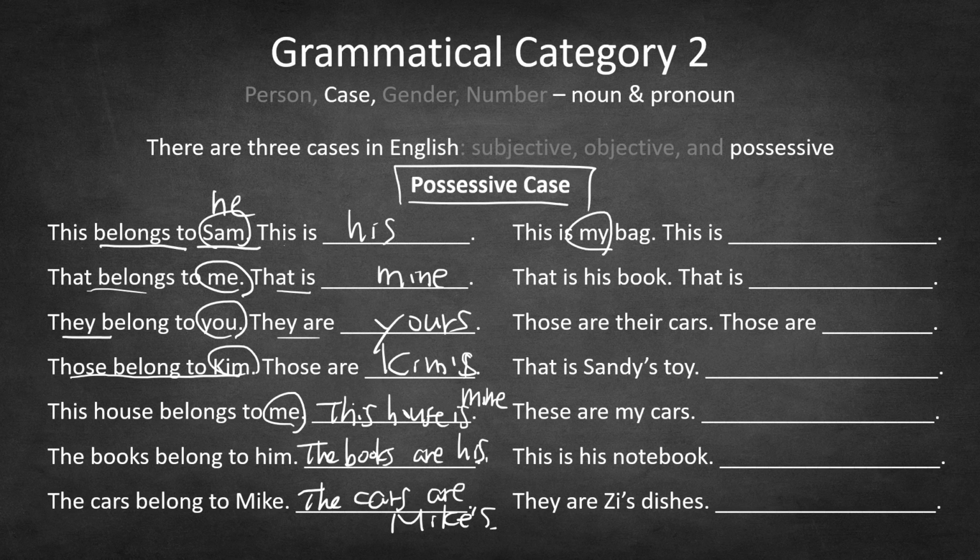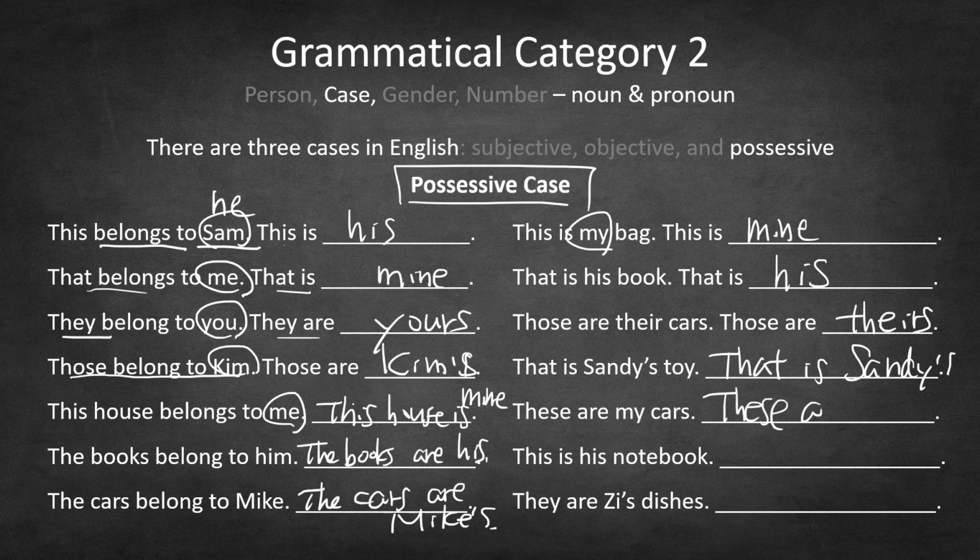This is my bag. This is mine. That is his bag, book. That is his. Those are their cars. Those are theirs. That is Sandy's toy. These are my cars. These are mine.